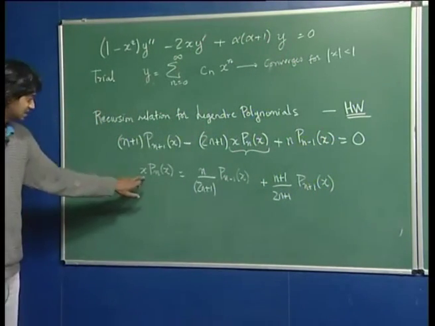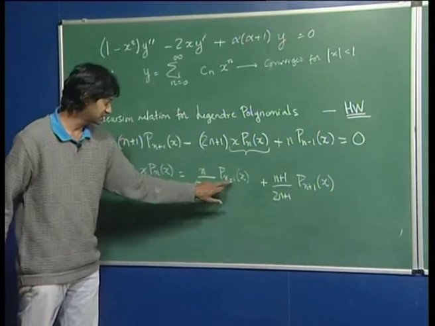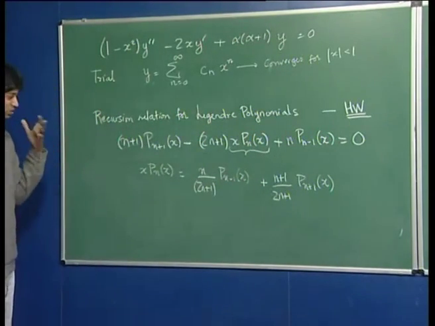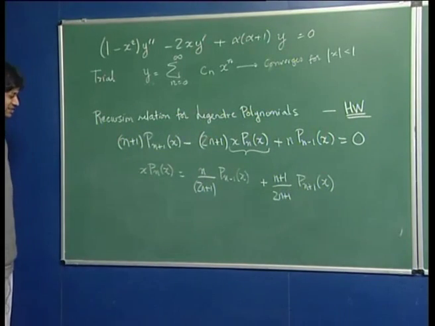So, x times P n is a linear combination of P n minus 1 and P n plus 1. This is a very interesting relation.